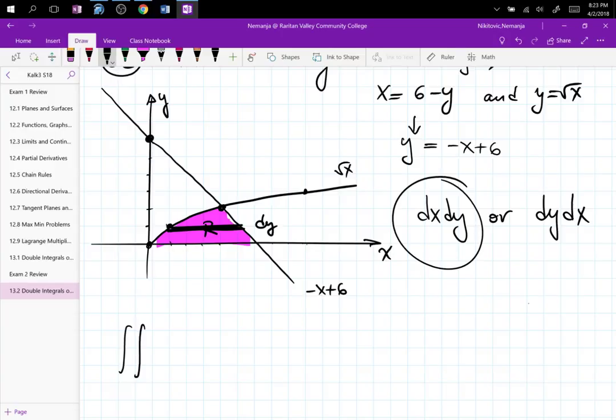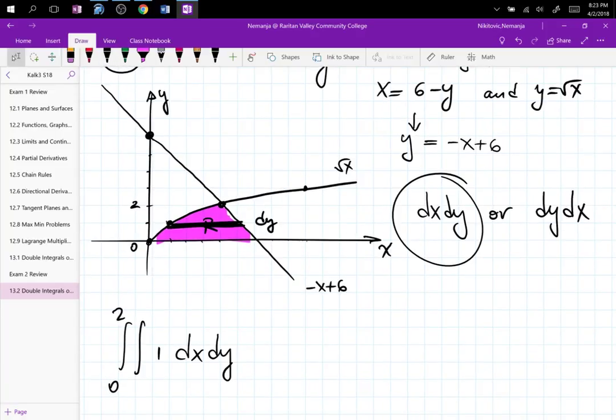So what is that one integral? It's a double integral. I'm going to put 1 dx dy. They never gave us any function for the top. So I'll just put 1, and we're looking for area. Now, what are my limits? I already said 0 to 2. That's your c and d.